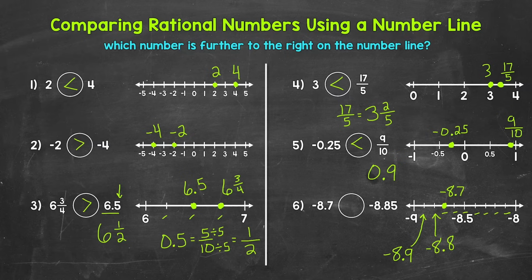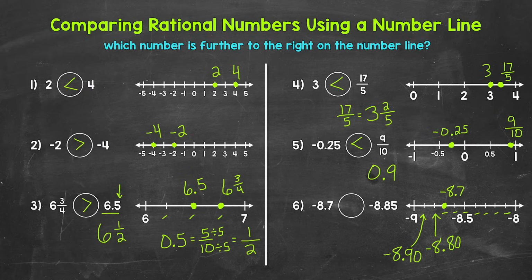And if we write a 0 in the hundredths place for both of these, and remember, we can write zeros to the right of a decimal. That doesn't change the value, so these are equivalent. And that will help us place 8 and 85 hundredths, because that goes to the hundredths place.